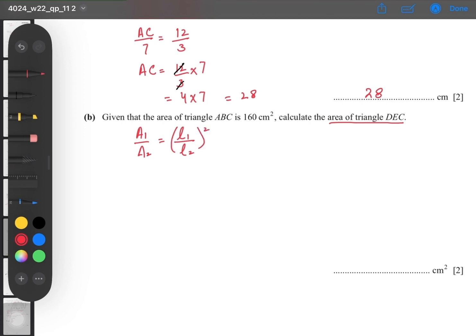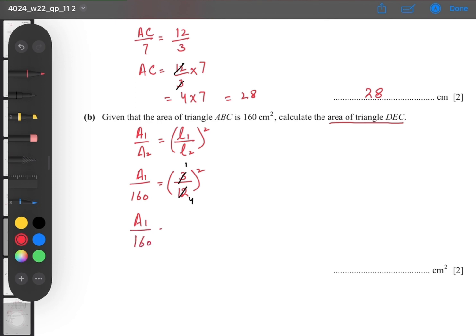So area 1 we need to find out, and area 2 is 160. And L1 of the smaller triangle is 3, and L2 of ABC is 12. I can cancel 3 and 12.